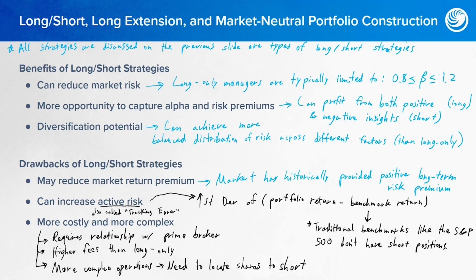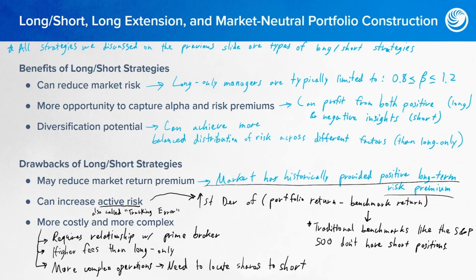Now, diving into the drawbacks of these long-short strategies, the first one is that these strategies may reduce market return premium relative to a long-only strategy. This is because the market has historically provided positive long-term risk premium. The S&P 500 on average has returned somewhere between 8 and 9%.